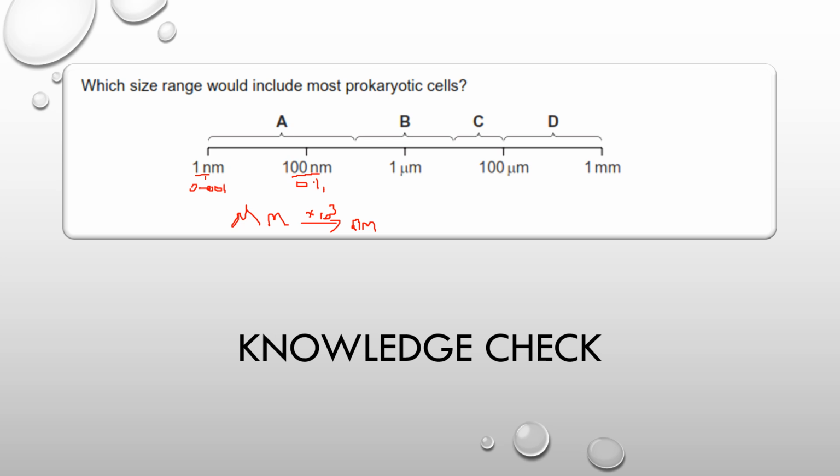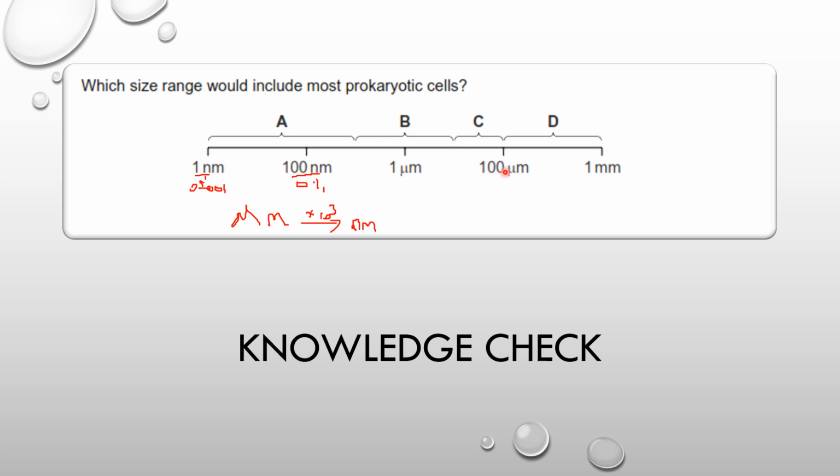This will not work, because this is 0.1. What I'm trying to say is, look at it: option A is between 1 nanometer and something small, but B is between 0.5 micrometers to something before 100. So B is the answer.